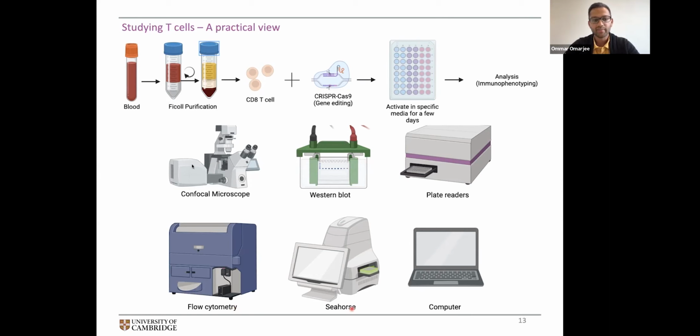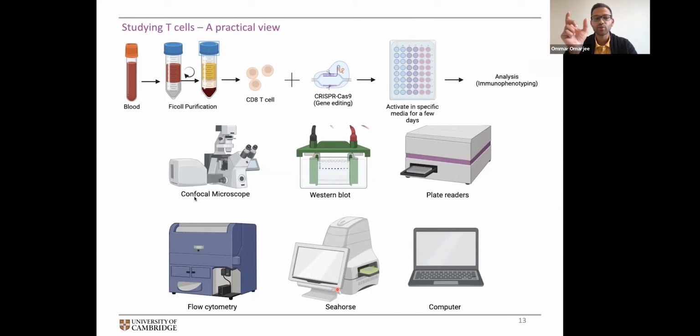Another instrument that I use is called a Seahorse machine. Well, it's not very intuitive, but the Seahorse is basically a metabolic technique. It will help us understand how metabolically active our cells are.